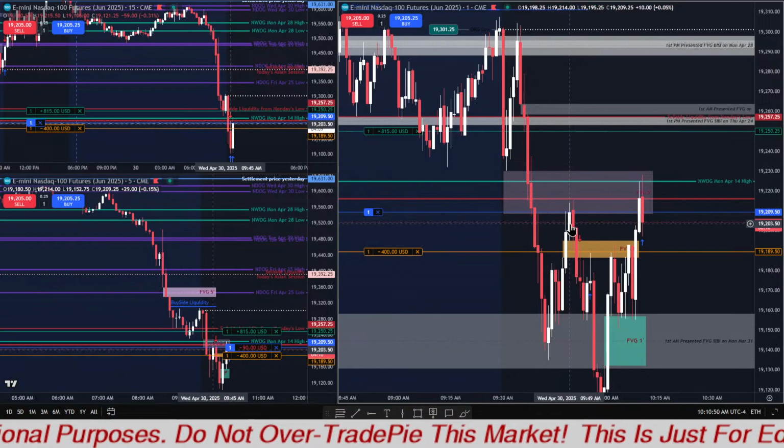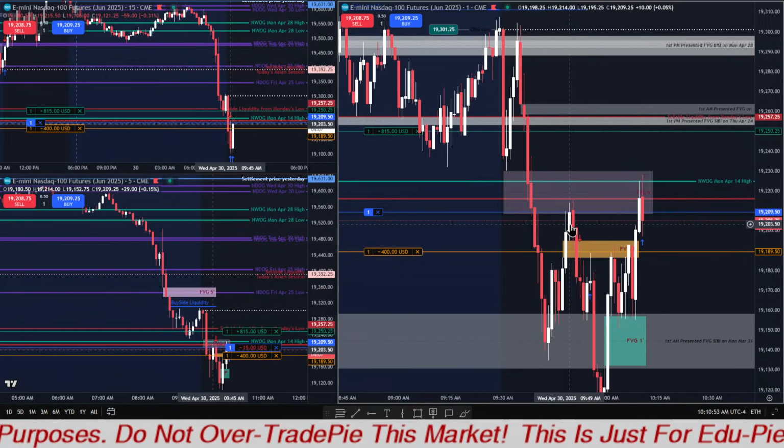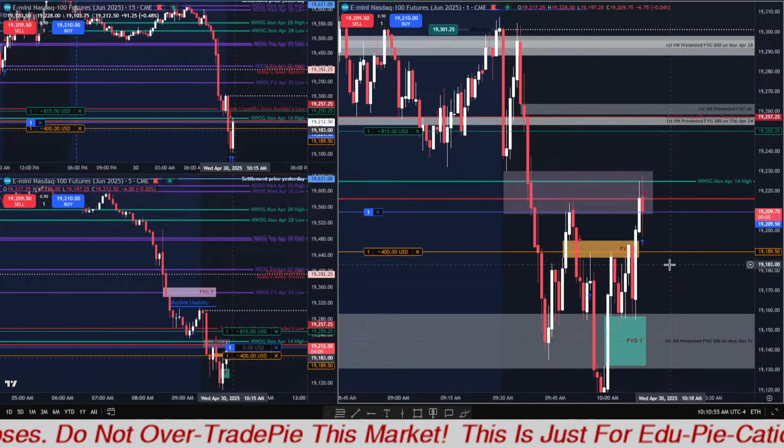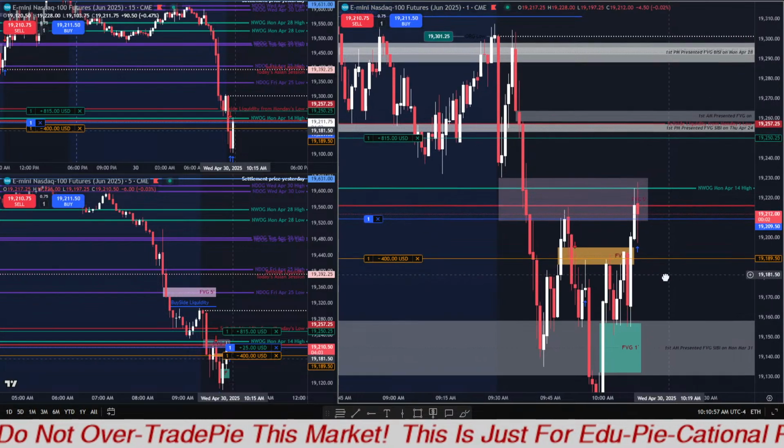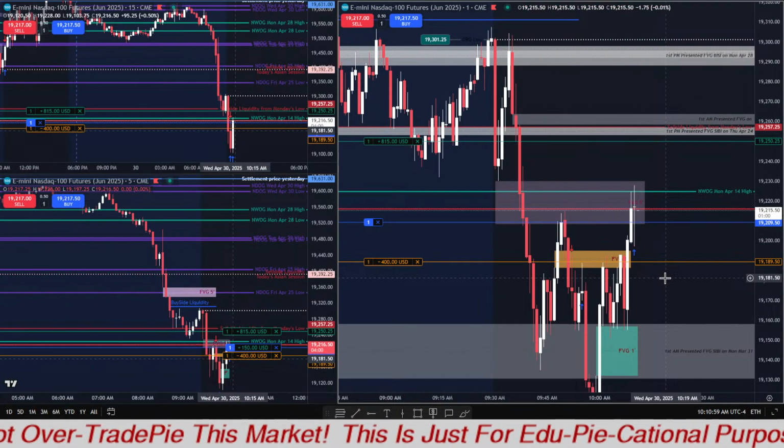This white candle was my breaker entry, and let's see if this position is panning out in profit.